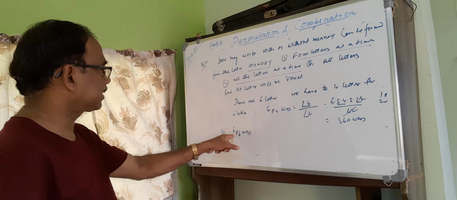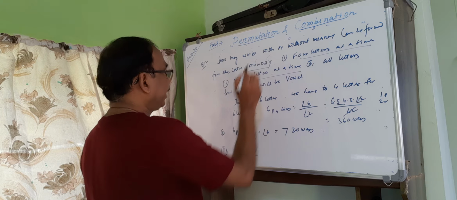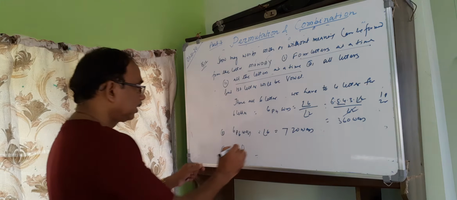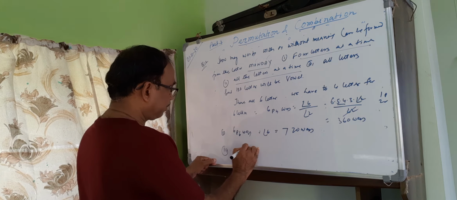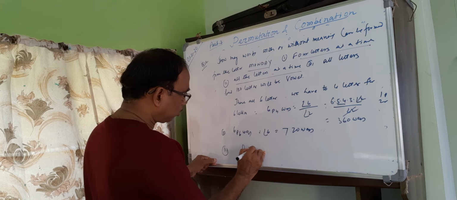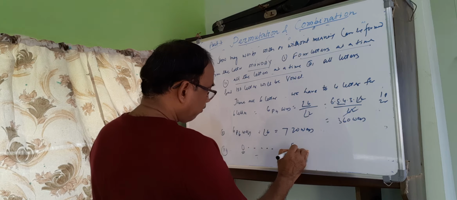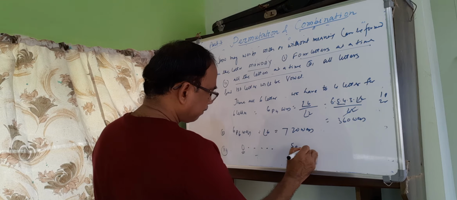Number 3, all letters but the first letter will be a vowel. There are 2 vowels, O and A. Taking O at first, remaining 5 letters could be done 5P5 ways.